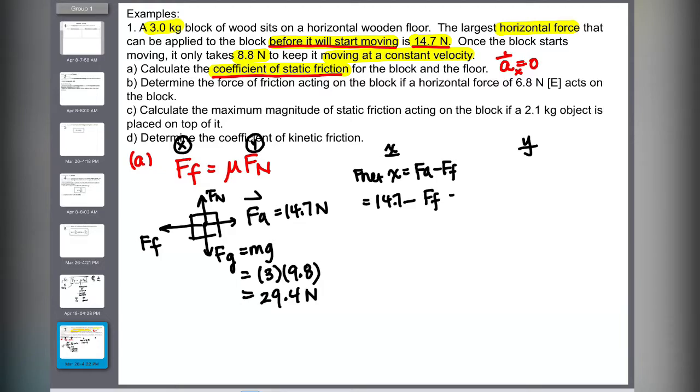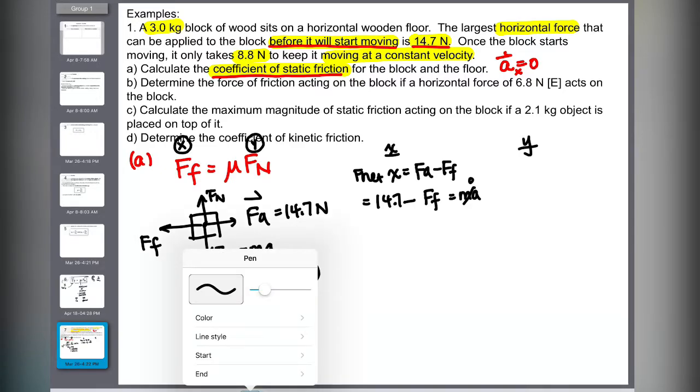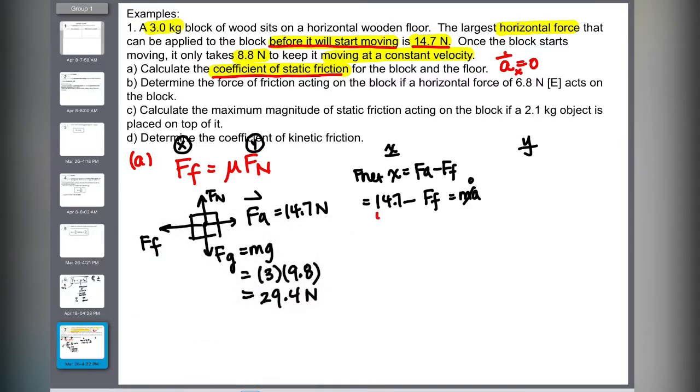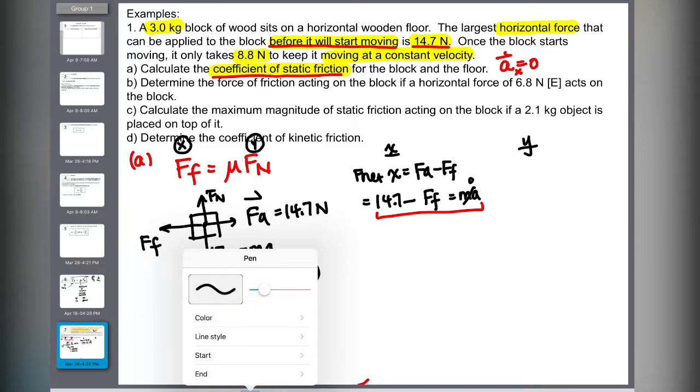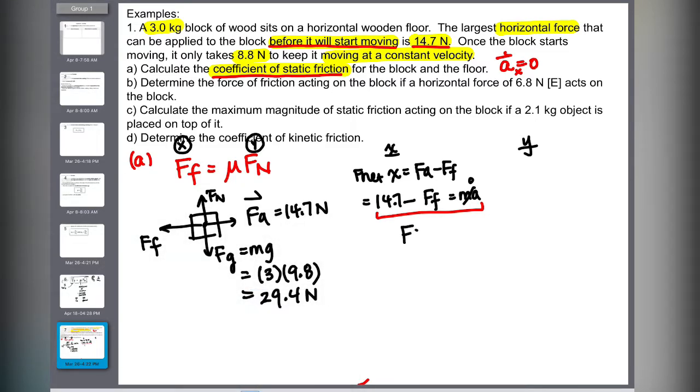But I know that it equals ma, and in this question, it's just starting to move, so we're assuming that this is 0. So if 14.7 minus Ff equals 0, we can rearrange the equation for Ff, and it works out that Ff is 14.7. So the static friction is 14.7.